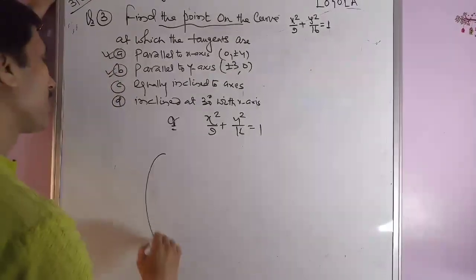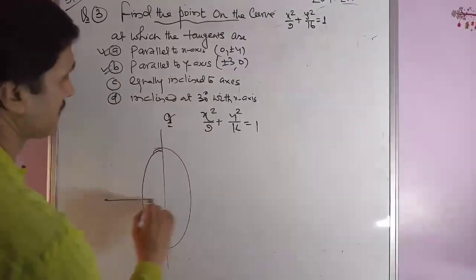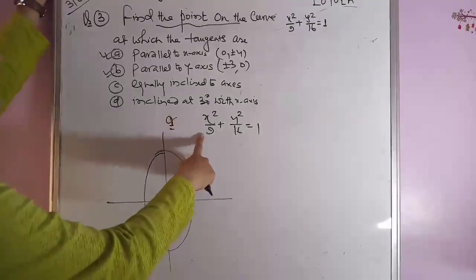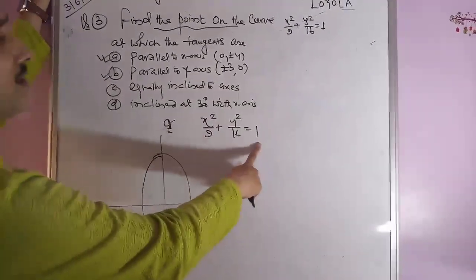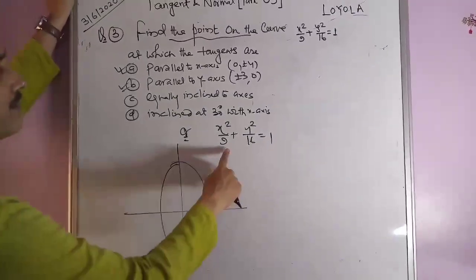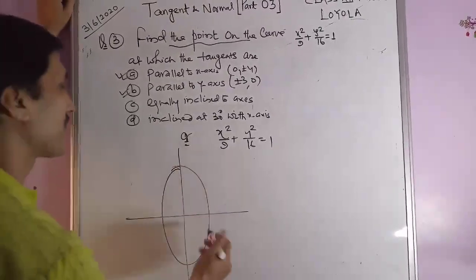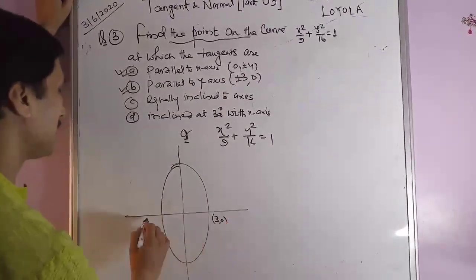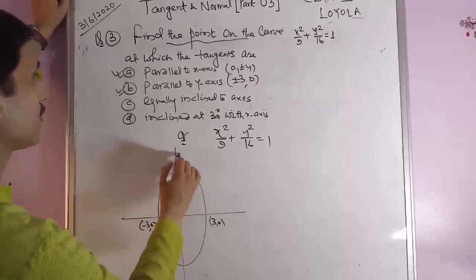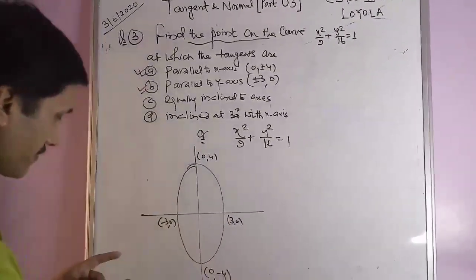We know this is the vertical ellipse, x square by a square plus y square by b square equal to 1. When a greater than b, this will take this shape. When a less than b, this will take this shape. Obviously, coordinates are (3, 0), (minus 3, 0), (0, 4) and (0, minus 4).